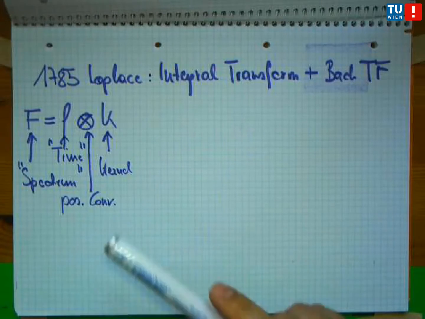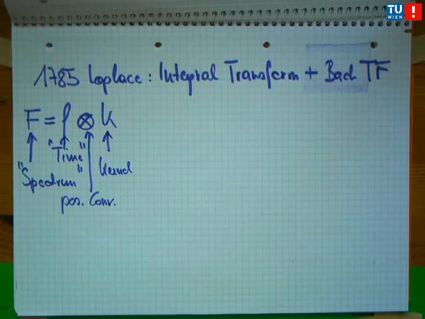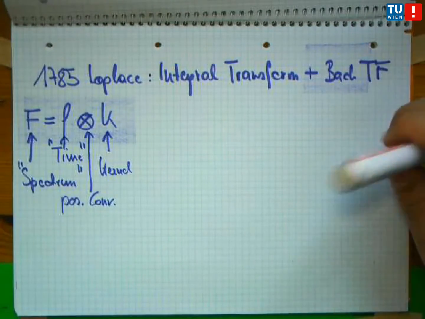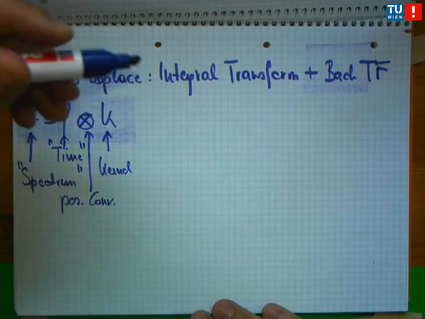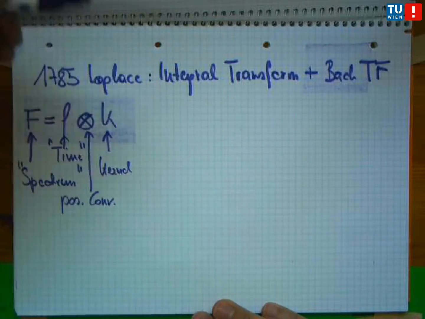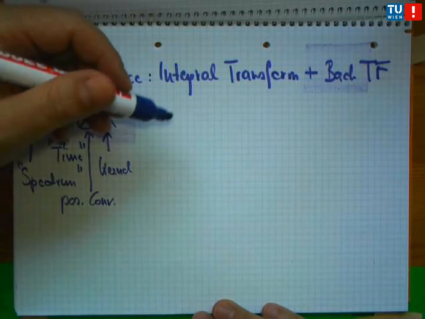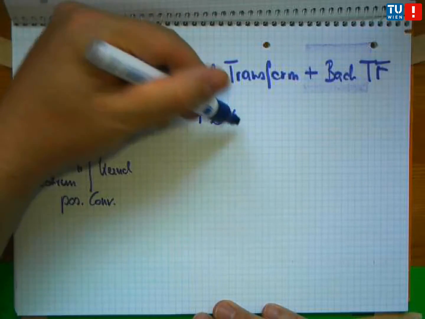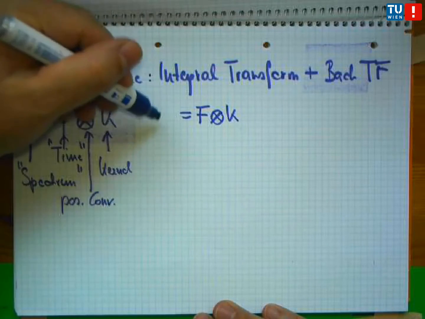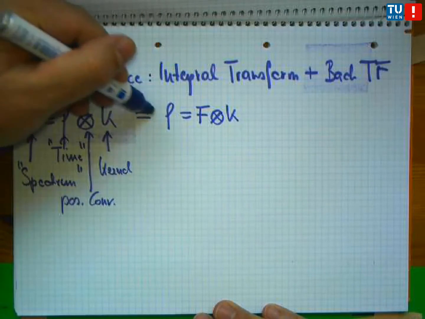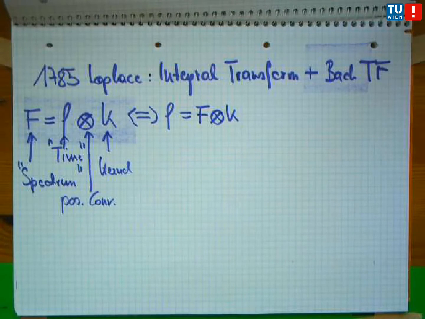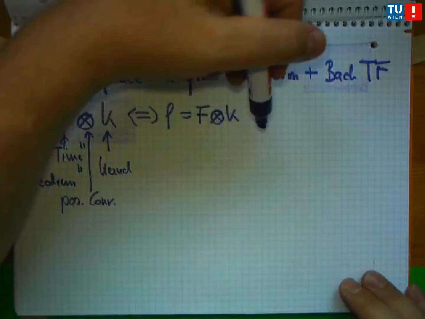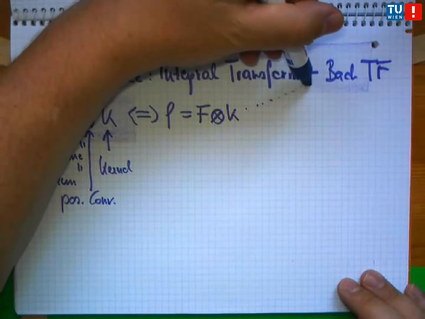That in 1785 was a very interesting formulation and a quite novel idea. And he was able to provide the proof that he could employ the same kernel to get back from the spectrum and the same operation, convolution, to the original time domain.